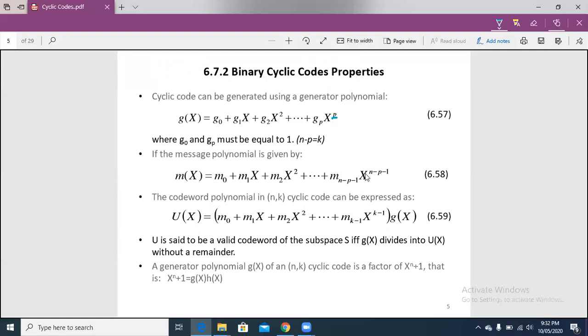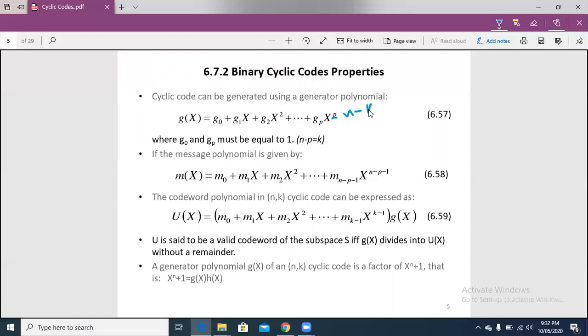So the message is k, and p is the parity which is n minus k.